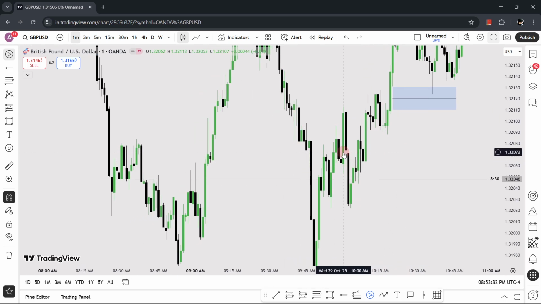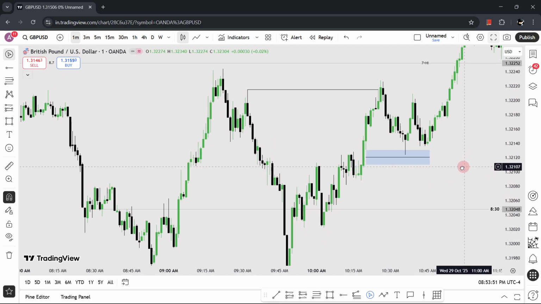This got reversed immediately and created a huge bullish candle like this, and this has been respected multiple times in this area.